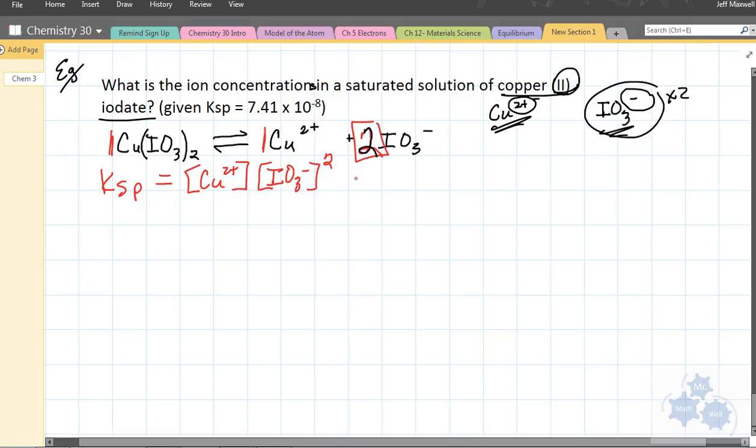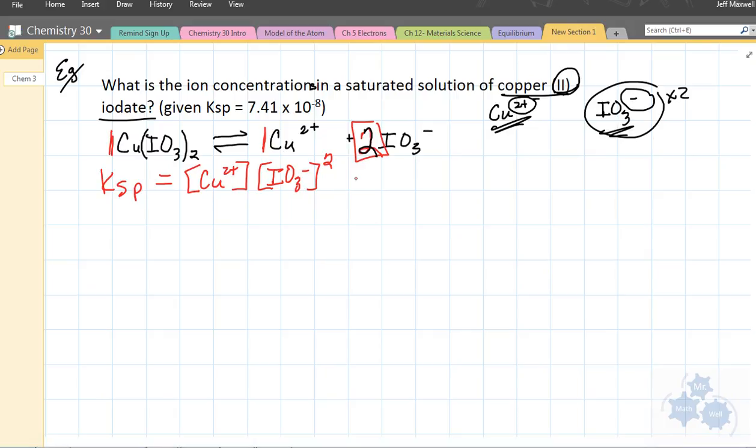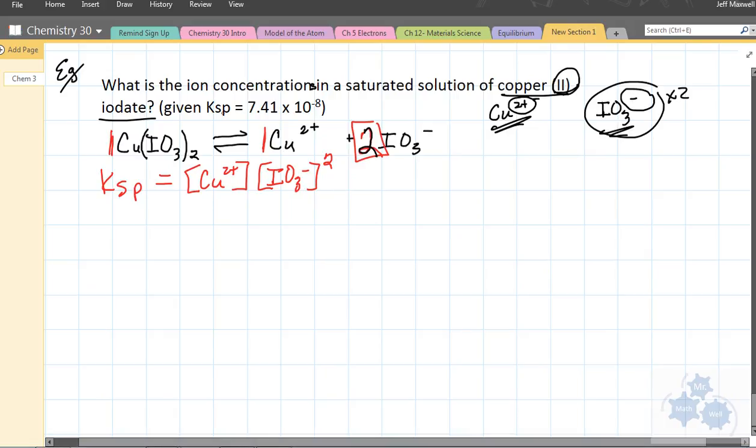Now, this next part is a bit tricky. This is where students in the past have gotten confused. I need to explain something, okay? So if we have x number of moles of copper iodate dissolving, we get x number of moles of copper 2 plus, and we get 2x moles of iodate forming.